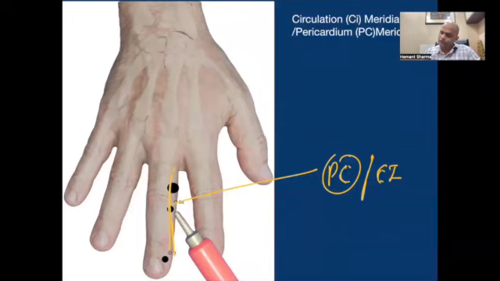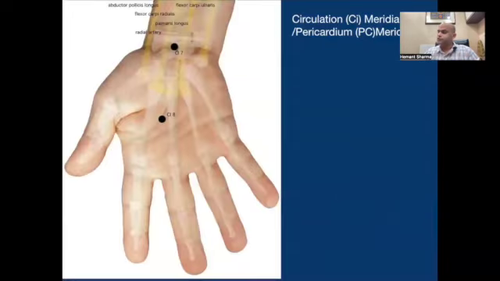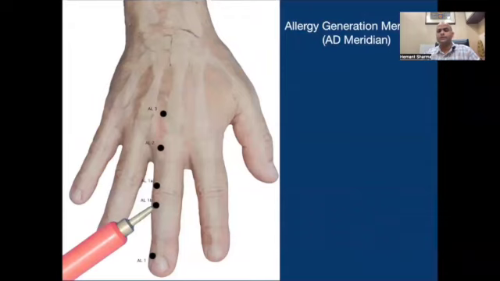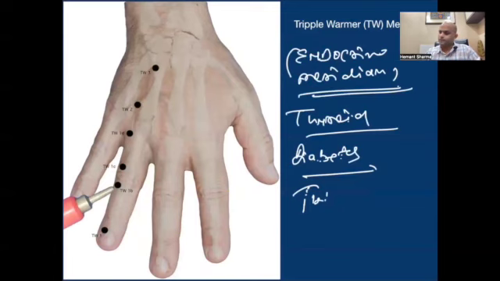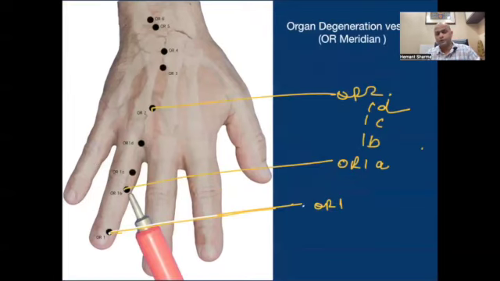Now if we go to the other side, meaning the ulnar side or the small finger side, that is a very important meridian called the allergy meridian, and with the help of this, we will be able to treat many allergic disorders. So that is called the allergy meridian. Then we are coming to the ring finger.